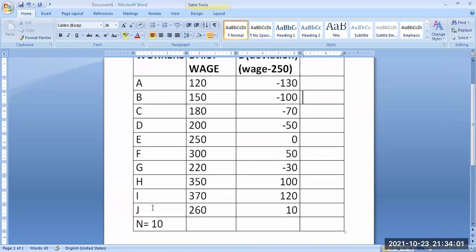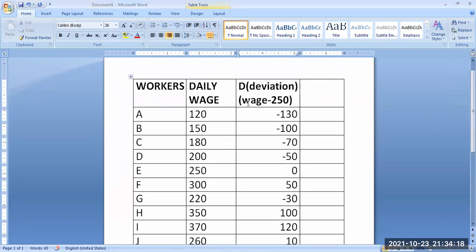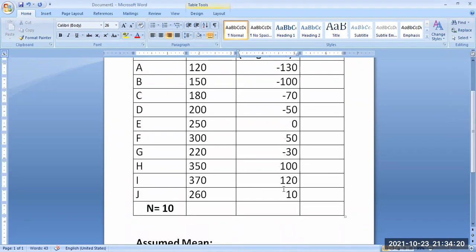So n stands for the total number of samples that we have taken. Here we also require sigma D, where D stands for deviation. The sigma symbol is the capital sigma I mentioned in the previous class. So sigma D we have to calculate.